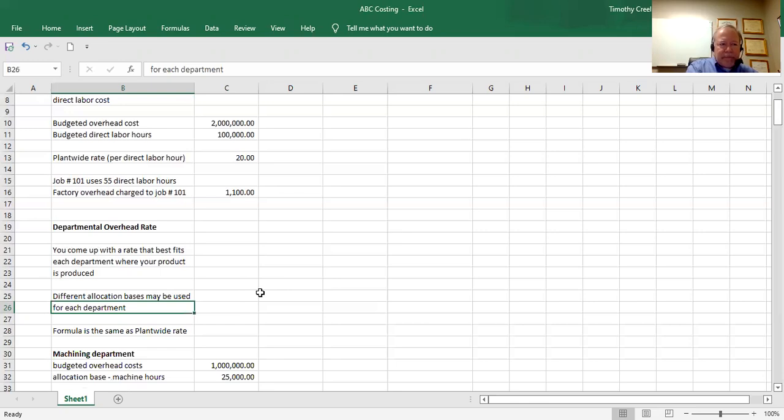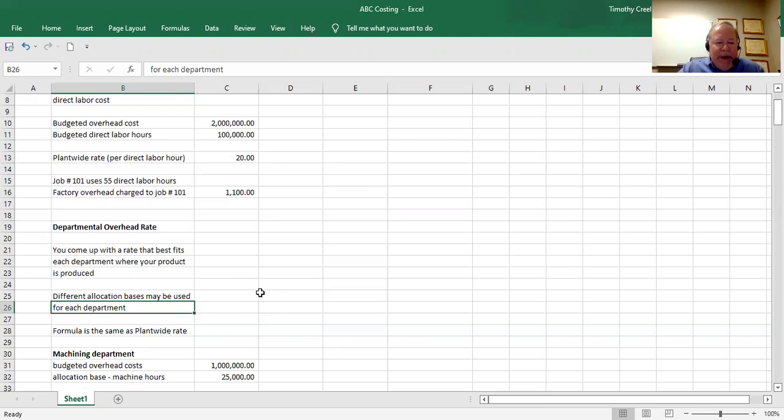Based on how much of that department each job or product uses as it's going through, you then charge overhead based on what's really more accurate for that department.